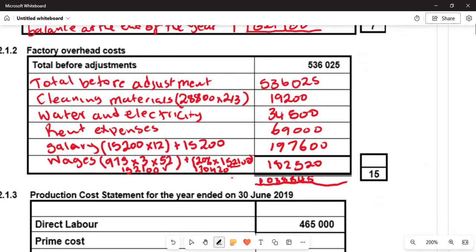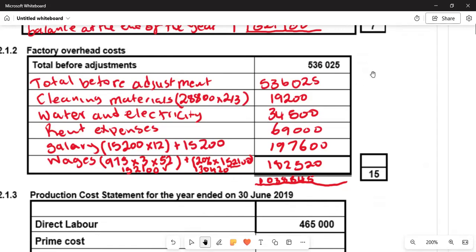So now we are going to move on to the production cost statement. We were asked to prepare the production cost statement on 30 June 2019.